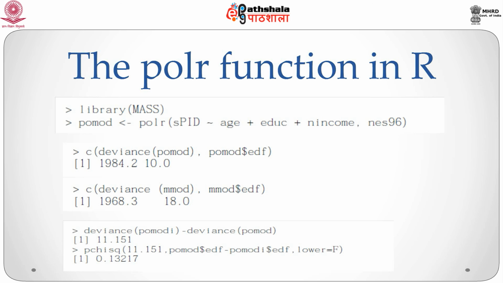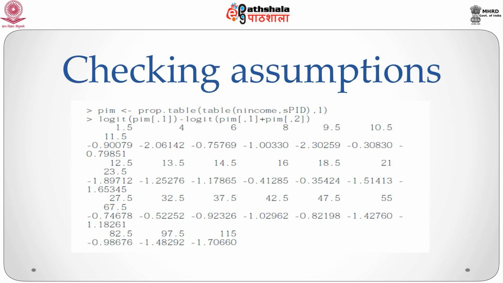The syntax for the polr function is quite similar to the glm function, and here we have calculated the deviance and the number of parameters for this model. Note that the proportional odds model uses fewer parameters, but it does not fit as well as the multinomial logit model.